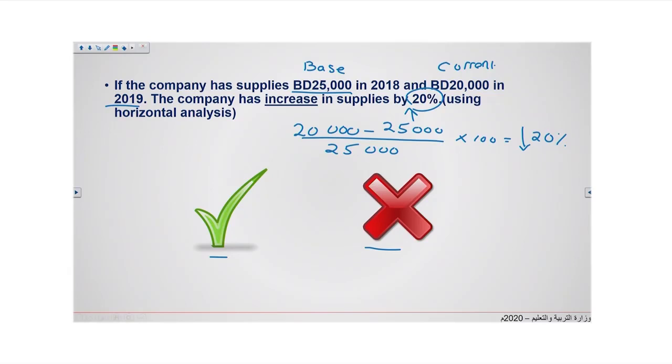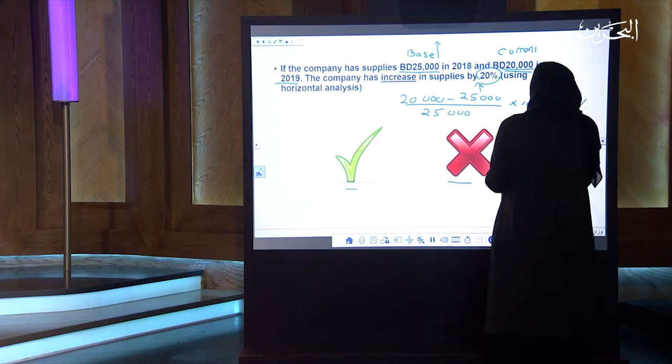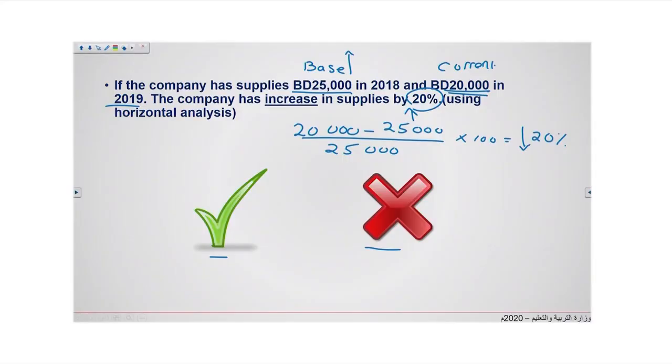Why decrease? Because the base year is higher than the current year. The current year is less. So when we deduct 20,000 minus 25,000, it will result in minus.